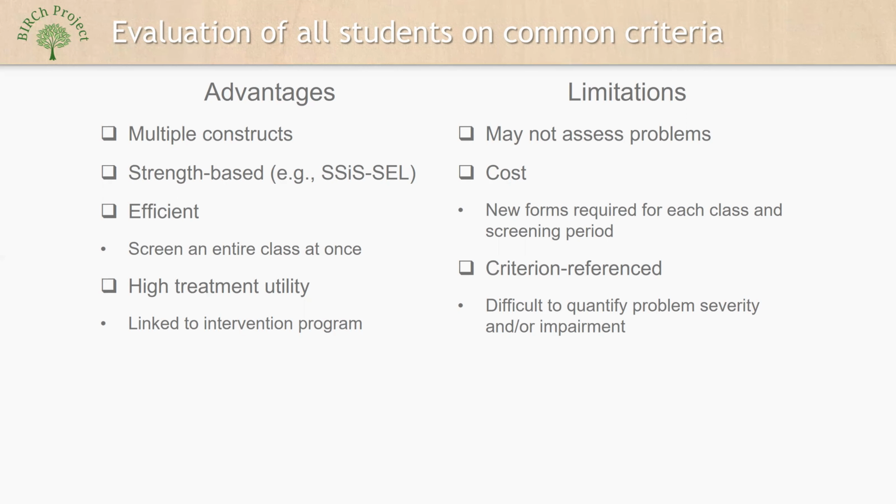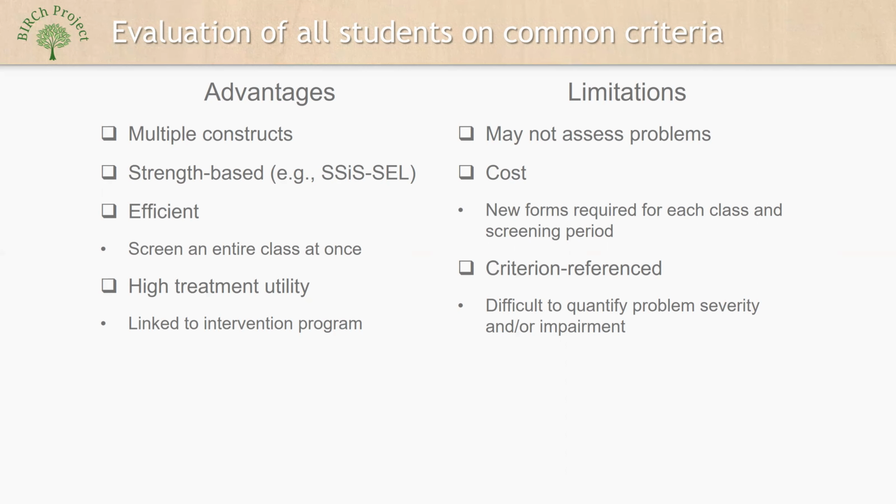So using the screening results to identify which students need instruction in which areas of social emotional functioning, you can turn that information directly into intervention by selecting appropriate lessons and skill areas within the intervention program to align with your screening results. So it facilitates intervention and has a high potential for treatment utility.